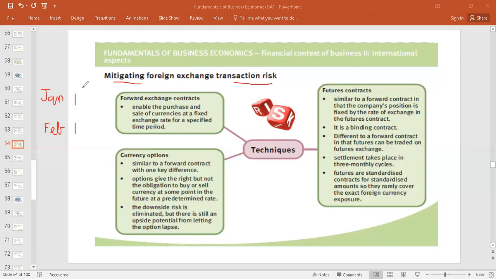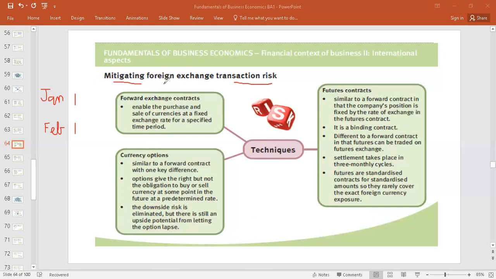On the day when the order is placed, they can also enter into a forward contract, which enables the purchase and sale of currencies at a fixed exchange rate for a specified time period. If the settlement is on a future date, they can decide the rate at which they would be settling things. The purchase and sale is related to foreign currencies.